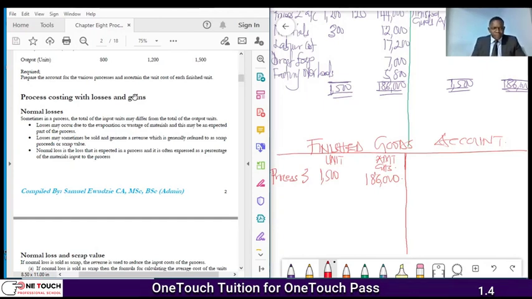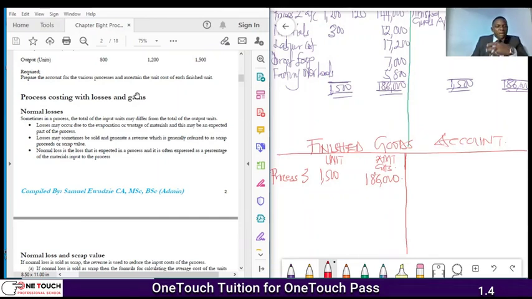Second, losses may sometimes be sold and generate a revenue, which is generally referred to as scrap proceeds or scrap value.